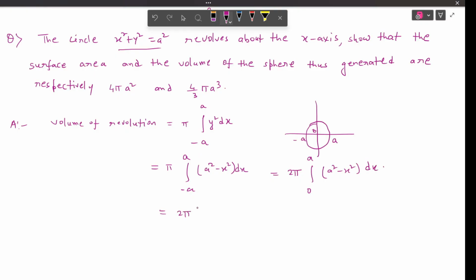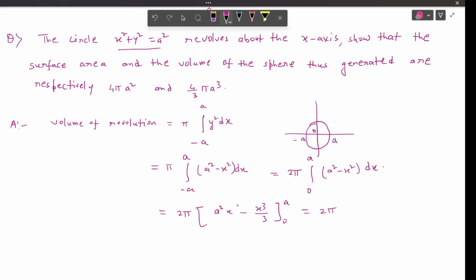So this is 2 pi, and this is a square into x minus x cube by 3 from 0 to a. So this would be 2 pi.